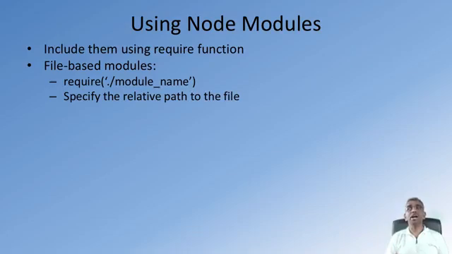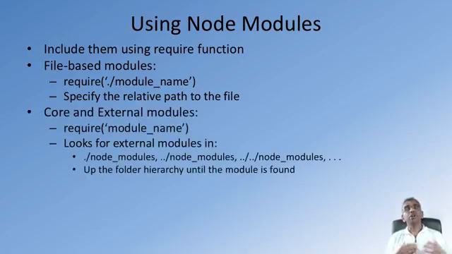So you would say require ./ the module name if the file exists in the current folder within which your Node application exists. So this specifies the relative path to the file from the current location.